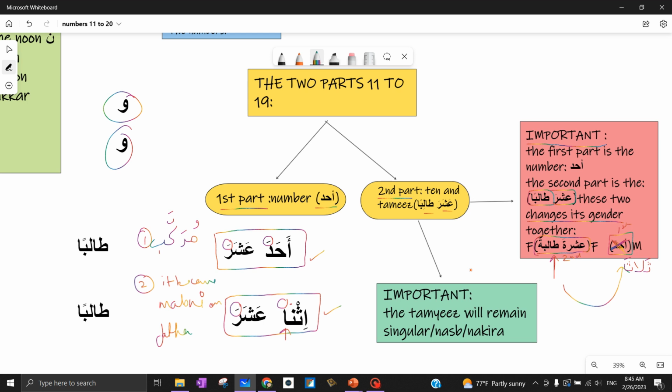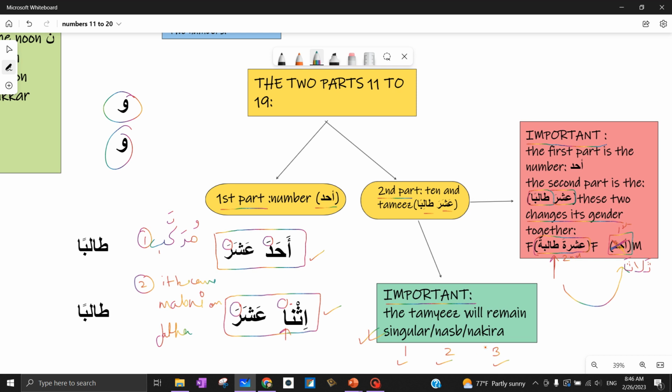Another important point is that the tamiz will remain singular, in the mansub case, and nakira. You have to check all these three for the tamiz. A tamiz should be singular, it should always be in the mansub case, and it should always be nakira.